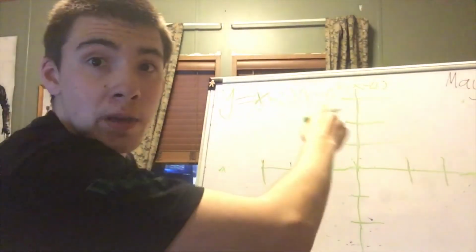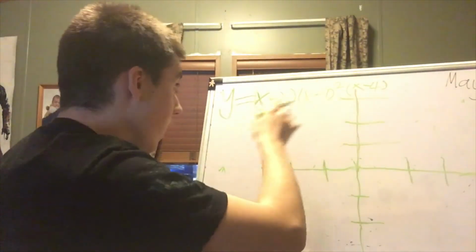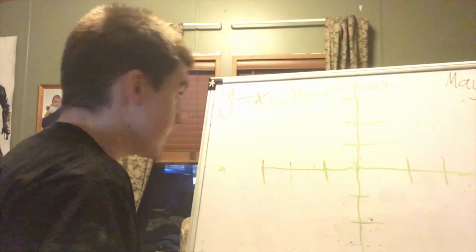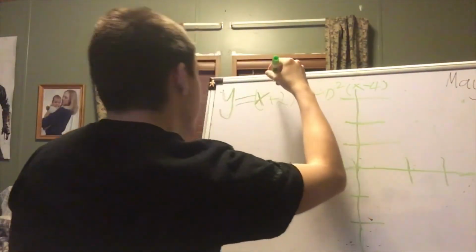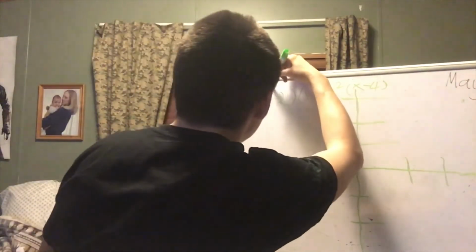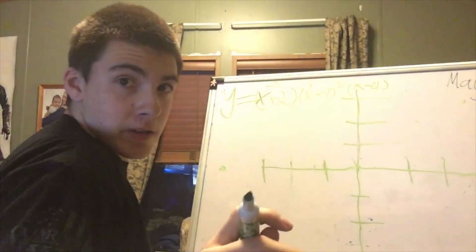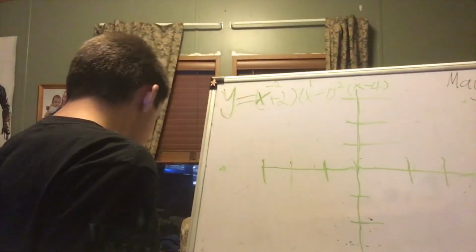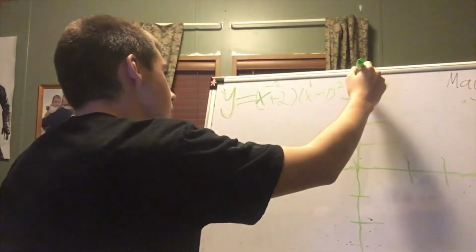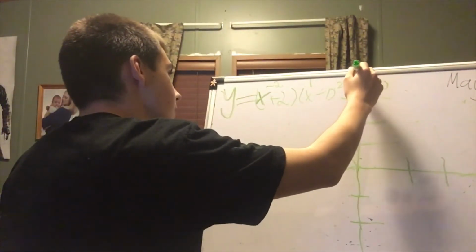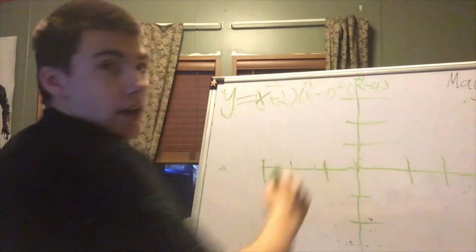So we're going to make y equal to 0. That means that this x will be negative 2. This one will be positive 1. And the final one will be positive 4.